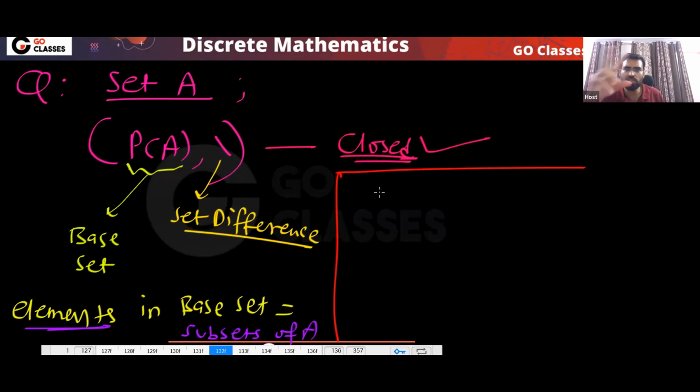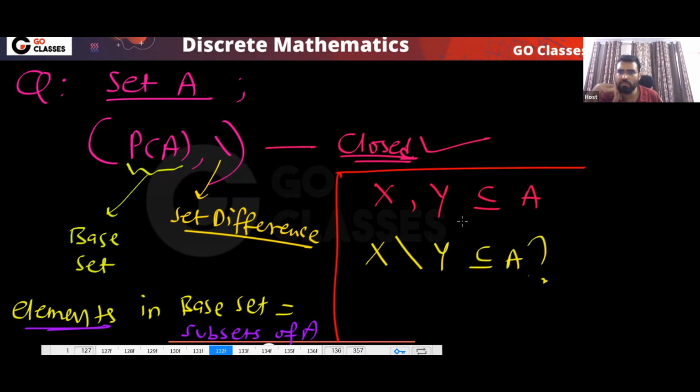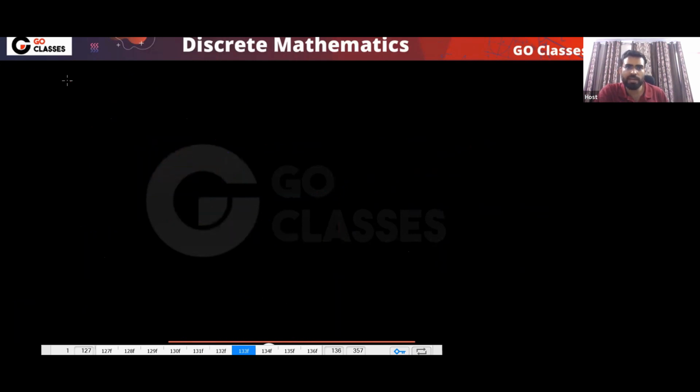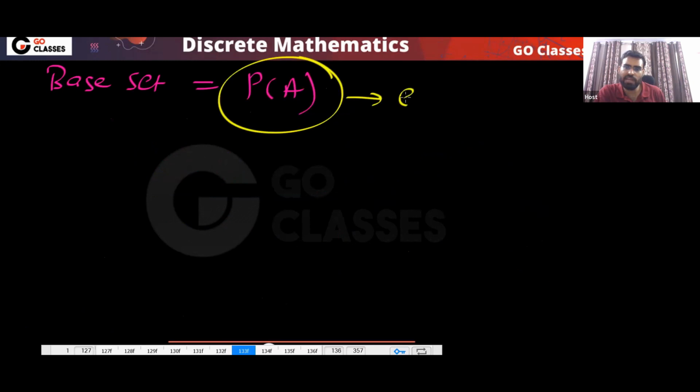Now, if you have two subsets of A, let's assume x comma y, which are subsets of A, can I say that x set difference y will be a subset of A? If you take two elements from this base set, remember, this is very important, your base set is P of A. And in this base set, every element is what?